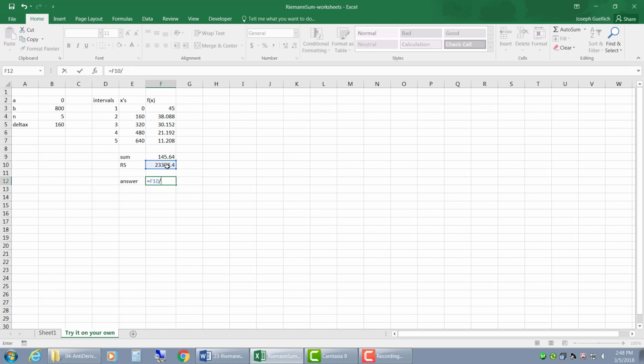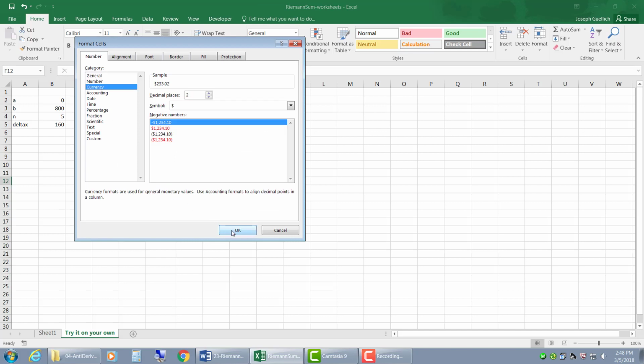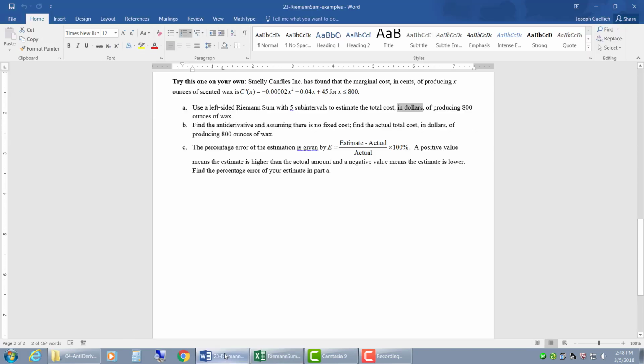So how many cents are in a dollar? So the answer to part A, estimate the total cost, is $233.02.